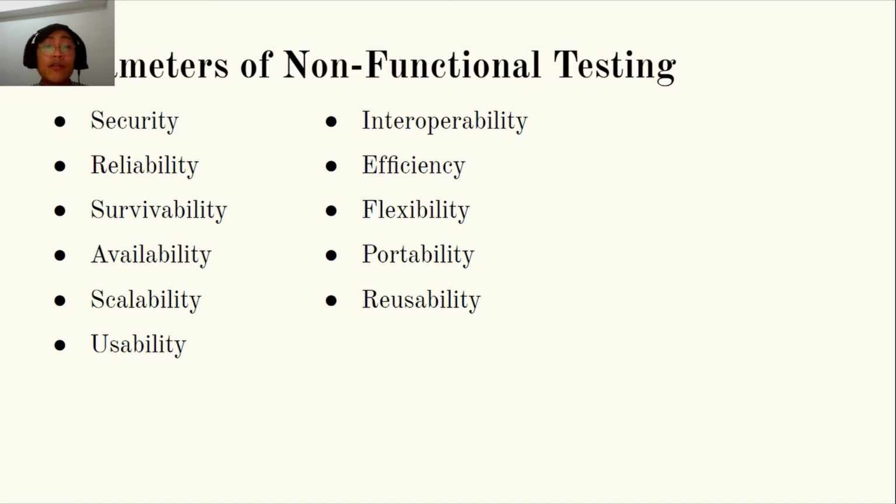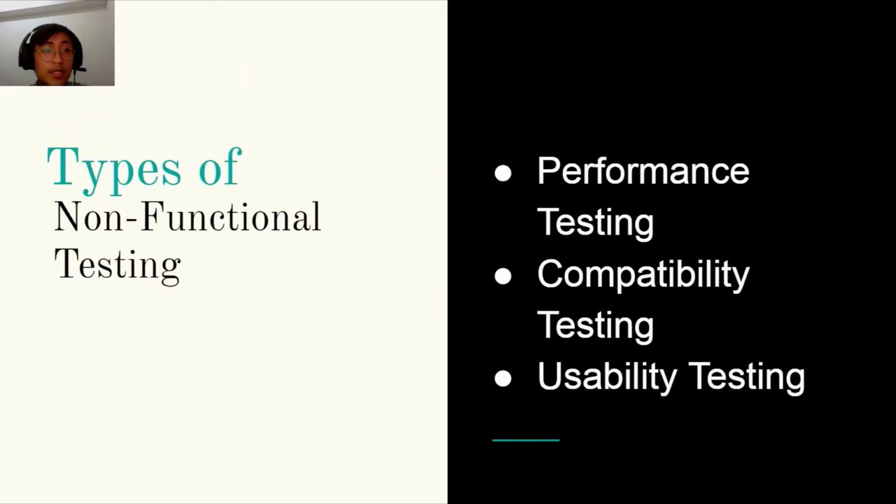Next is flexibility. This is the flexibility of a software to transfer from its current hardware or software environment. Next is reusability. It refers to a portion of the system that can be converted for use in another application. So that is the parameters.